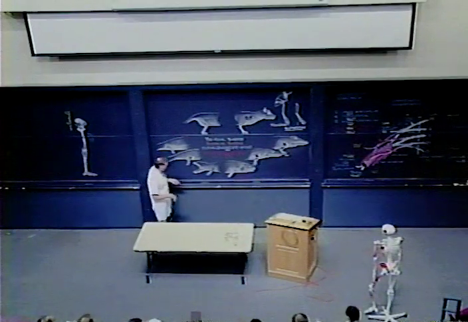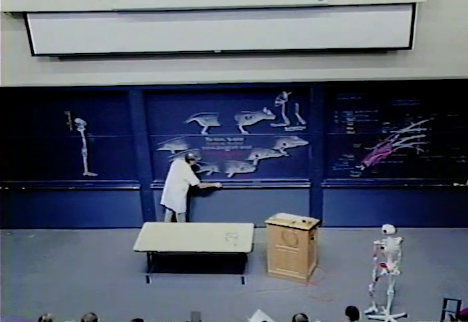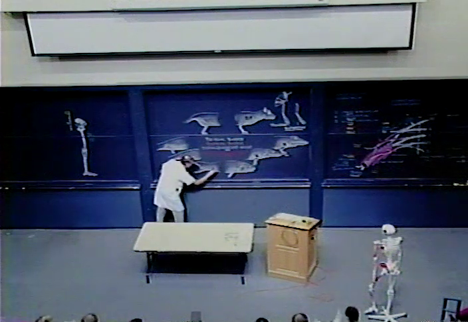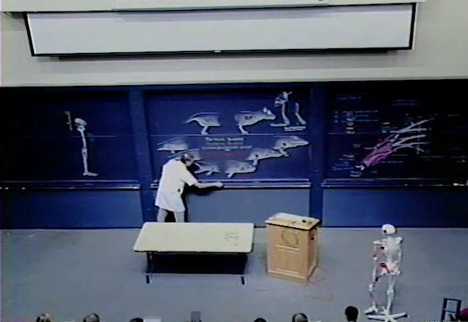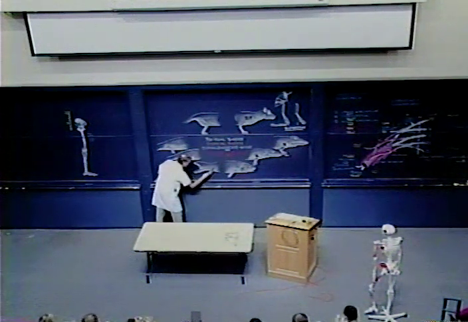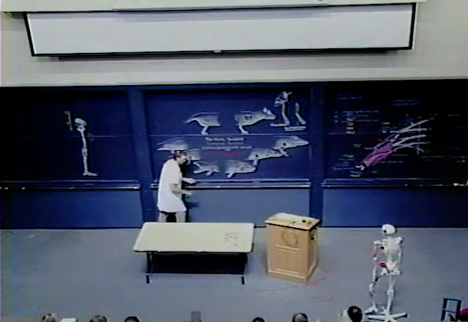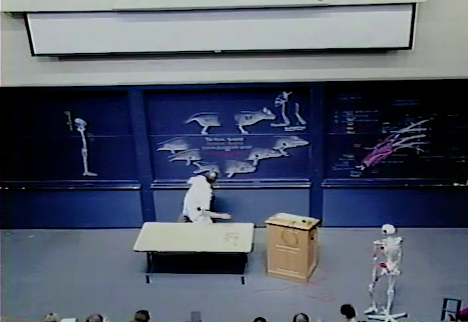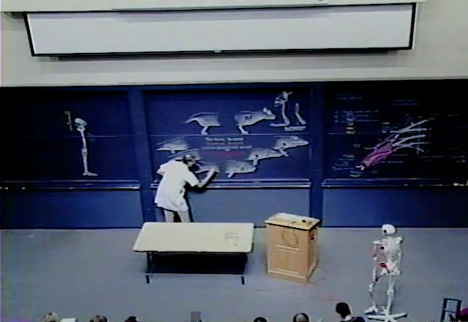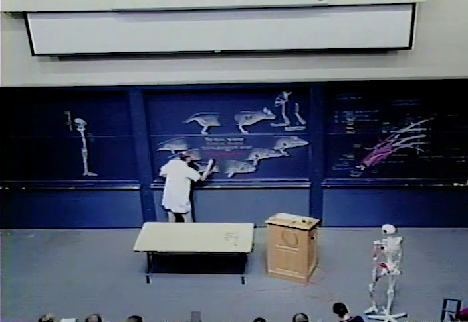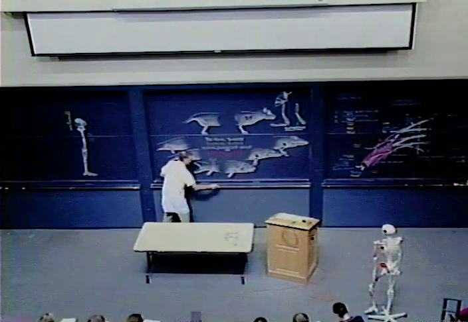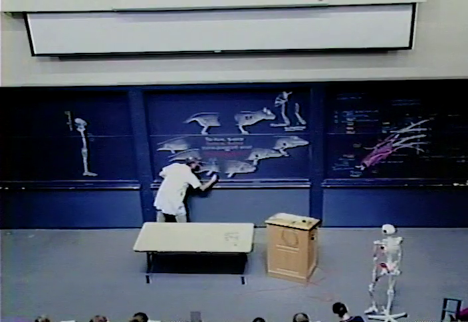And it goes like this. Here, of course, would be the preaxial border. Here's the postaxial border. And just in the case of the forefin, here are the extensors. And underneath, obviously, flexors.